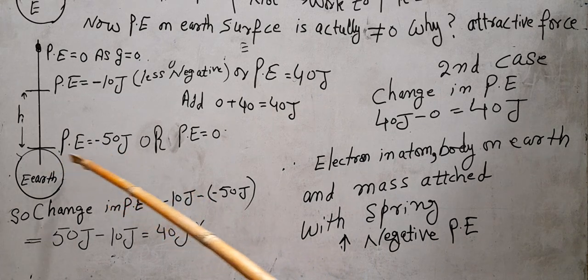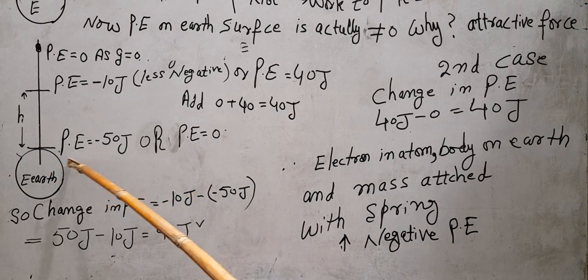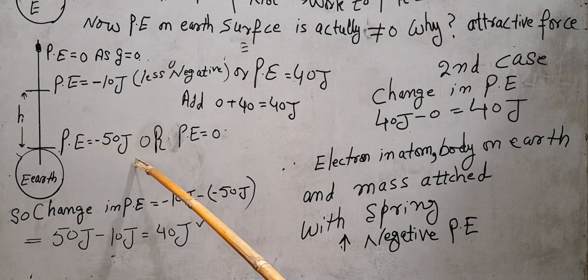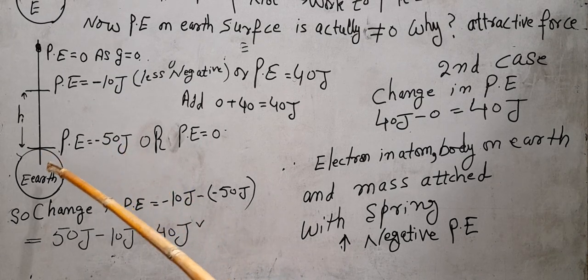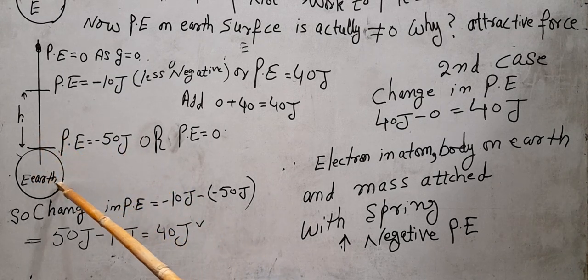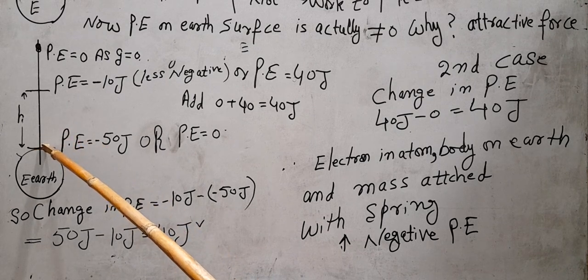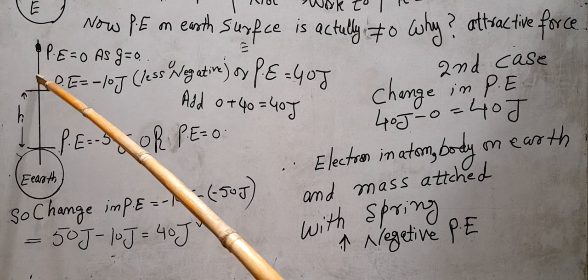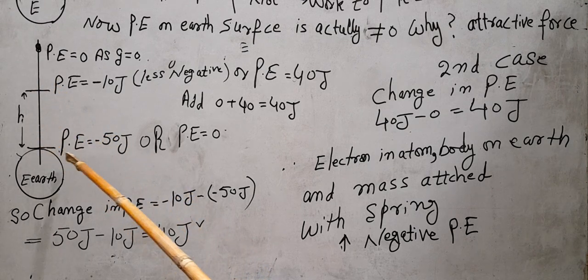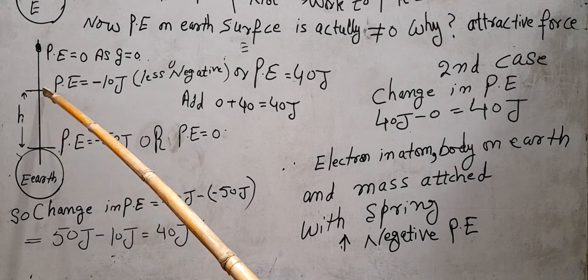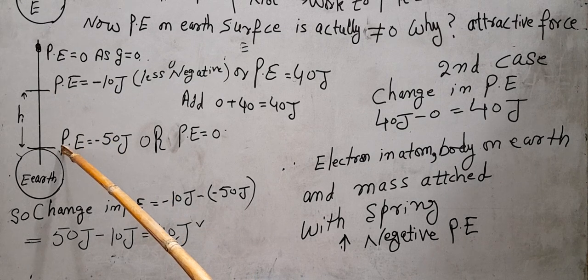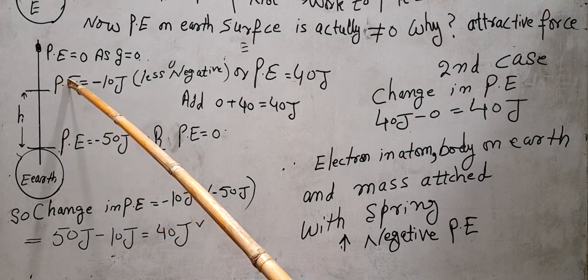For example, a body is lying on the surface of the earth and its potential energy is minus 50 joules. It is correct because the body is in an attractive force field. Now when we lift the body through this height h, we have to do some work. This work will be stored in the body as an increase in its potential energy.